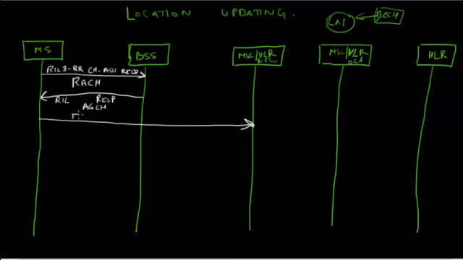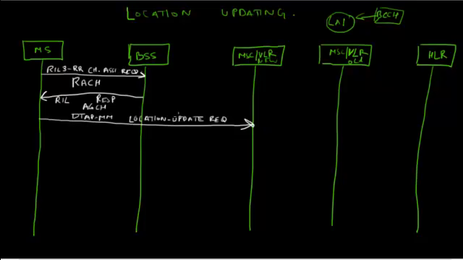So it's called the DTAP, direct transfer application part mobility management message, to the BSS as a location update request message.